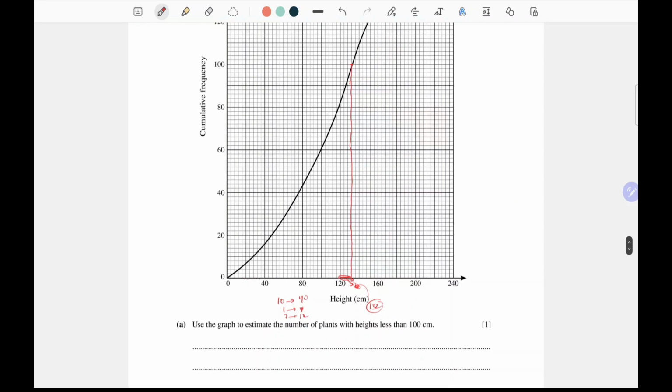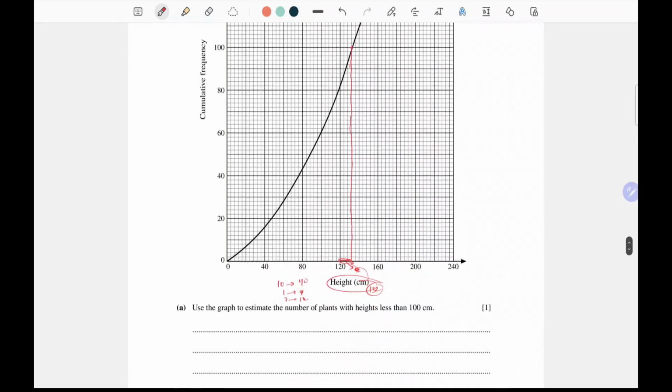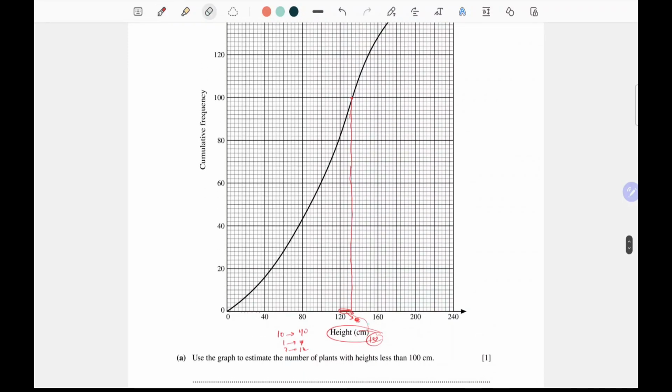Less than 100 centimeters. So we have to check height here, right? Not this way. So we need to erase this. Okay, guys. Use the graph to estimate the number of plants with height less than 100. Okay, so less than 100.